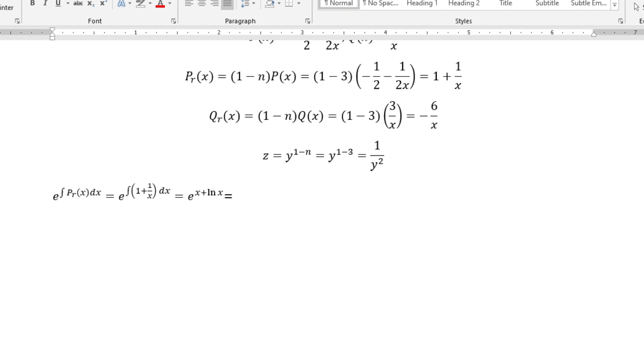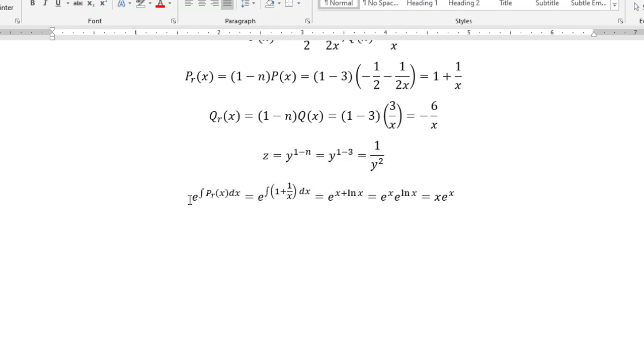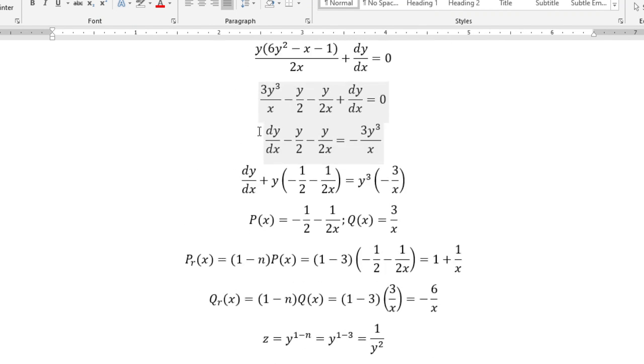So, equal lang yan sa e raised to x multiplied by e raised to ln x, or simply x e raised to x. Yun yung integrating factor.